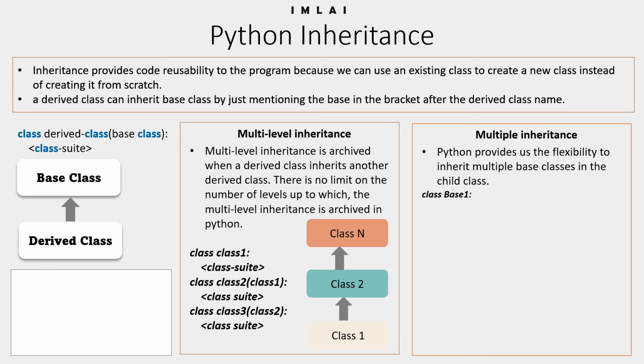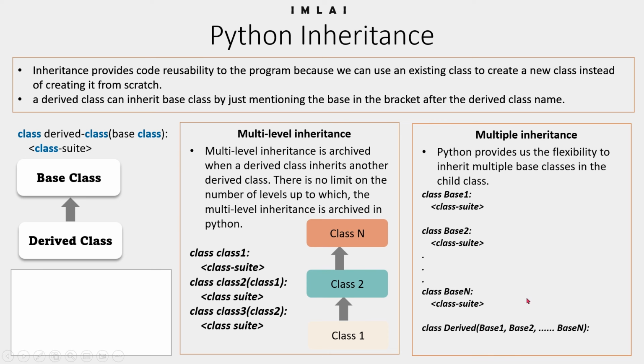Class base 1 will have its blueprint, class base 2 will have its blueprint, and so on up to base n. We have n number of base classes, and finally we have a derived class which inherits from each base class. These base classes have no connection with other base classes. They are completely independent and not dependent on anybody else.